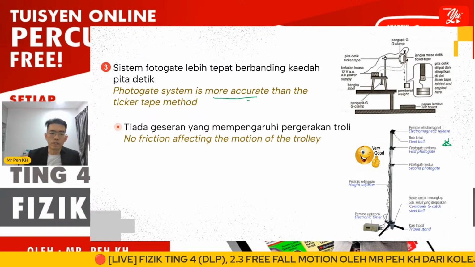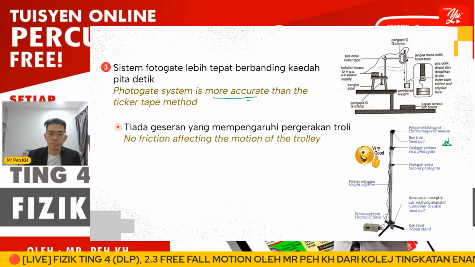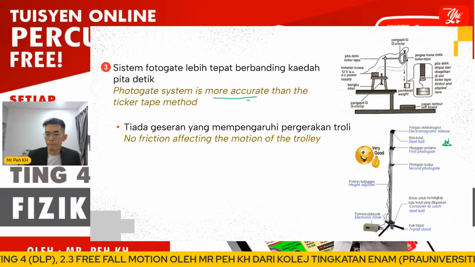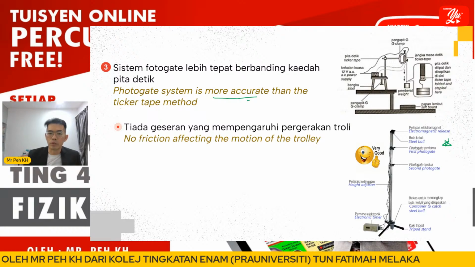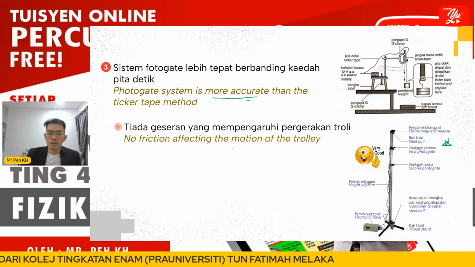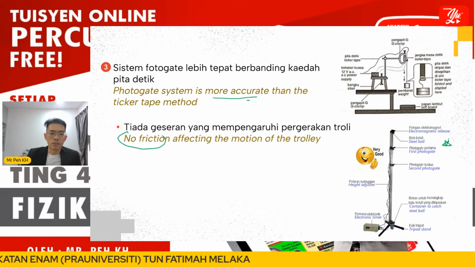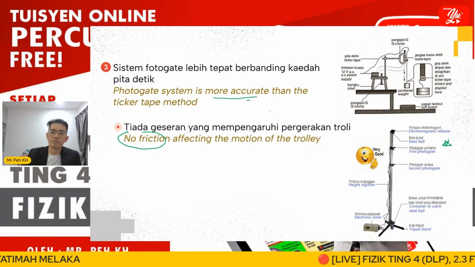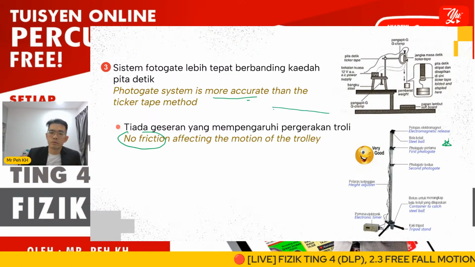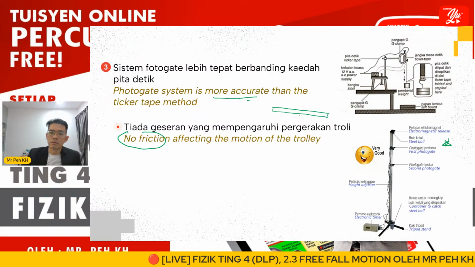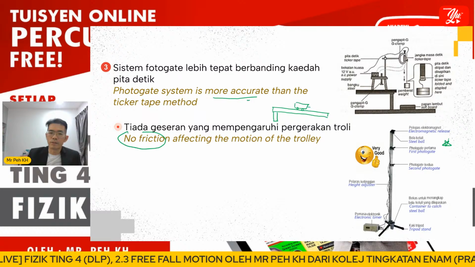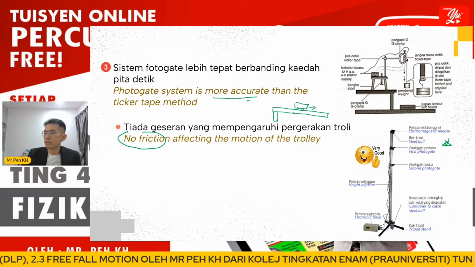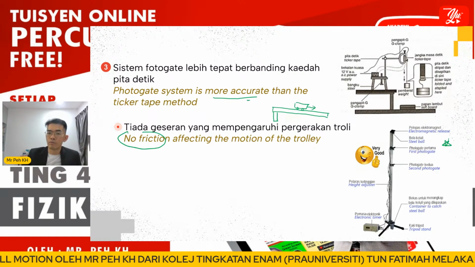First, no friction affecting the motion of the trolley. If I say motion of the trolley, that means we're using a slope going down, where we want to find the motion of the trolley.